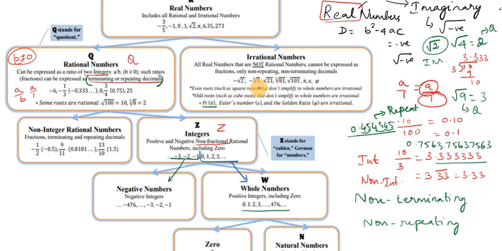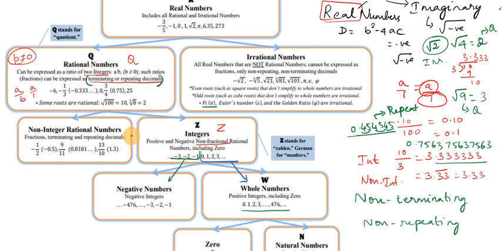So now you would have understood why rational and why irrational. Rational means any number which can be expressed as a fraction, as a terminating or repeating decimal, or even with the denominator 1, but the denominator cannot be 0, as the number would become undefined.